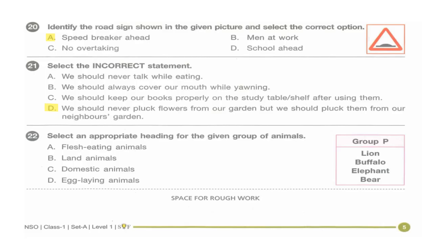D, egg-laying animals. So the answer is option B, land animals. Lion, buffalo, elephant, bear are land animals, and that is the appropriate heading for the given group of animals.